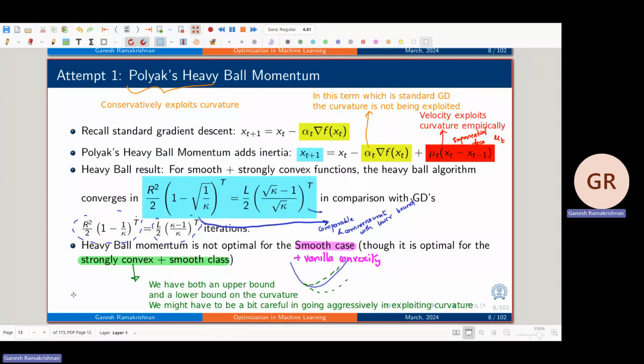Smooth plus strongly convex, we exploited it. In the smooth case alone, with only an upper bound on the curvature, there's not much you can do. The intuition is also written here. With just this alpha term, you're not exploiting curvature, but with mu t, you're exploiting curvature. Velocity empirically exploits curvature.